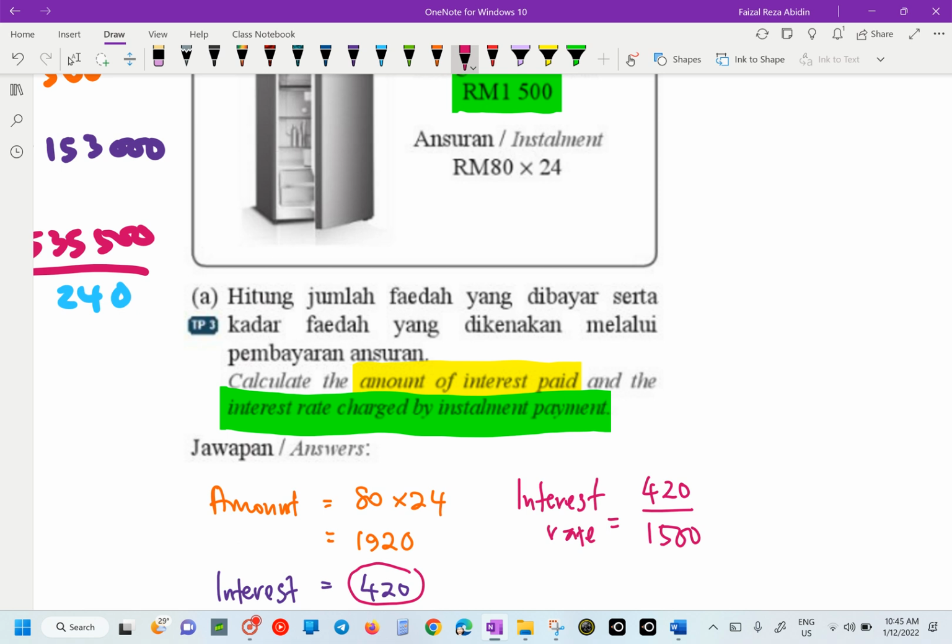Interest is in percentage, so we multiply by 100%. Using your calculator, you are going to get 28%.